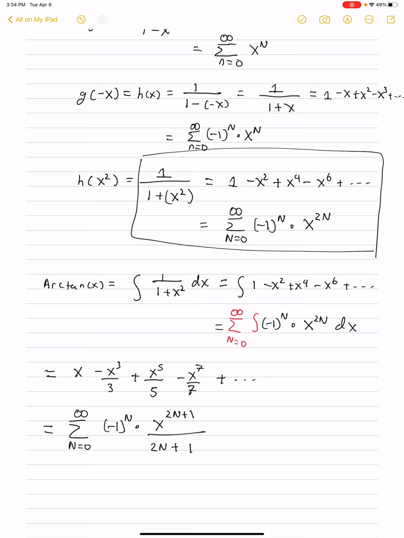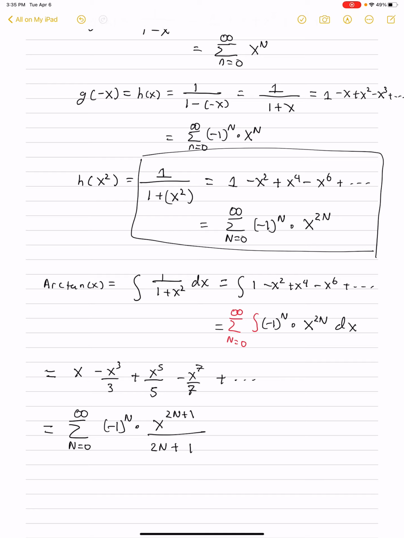And this is exactly what I get if I integrated each term of the series. When n is 0, I get x to the first power. When n is 1, I get negative x cubed over 3. When n is 2, I get x to the fifth over 5, and so on.